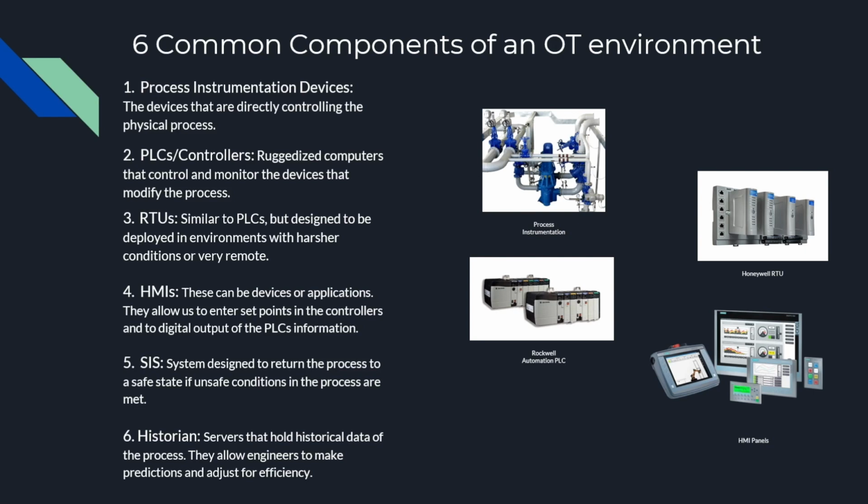And finally, historian servers. Historian servers are servers that hold historical data from the process, and by historical I mean years' worth of data. Engineers in operation plants leverage these servers to analyze the process and look for ways to make it more efficient, but also to make predictions about how to improve it.